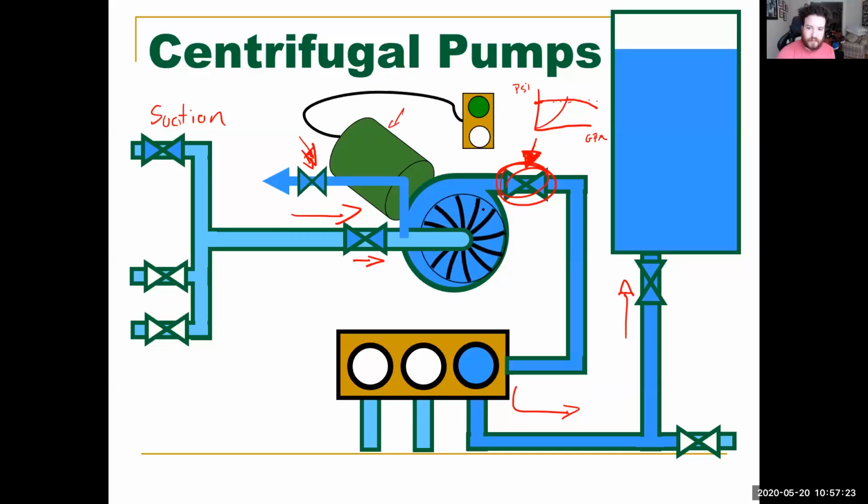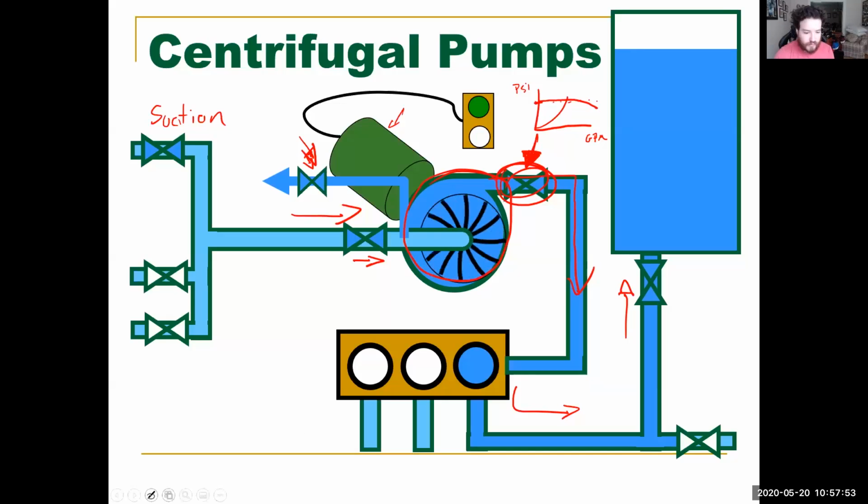But really, the proper way is to have this first discharge valve closed, and then you slowly open it up. That will help with the priming, because then you're not going to have this entire pipe filled with salt water. You just want to make sure this casing is getting filled with salt water. Once it's filled, it's filled. It's not going to be using any more than you have to.